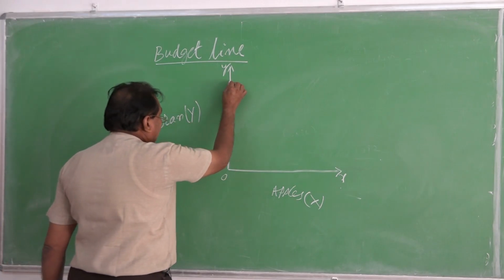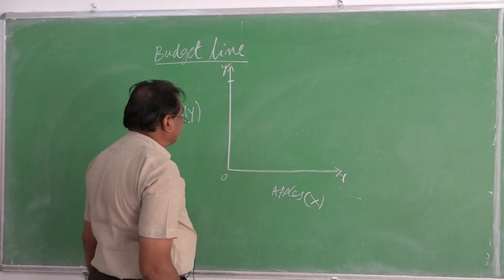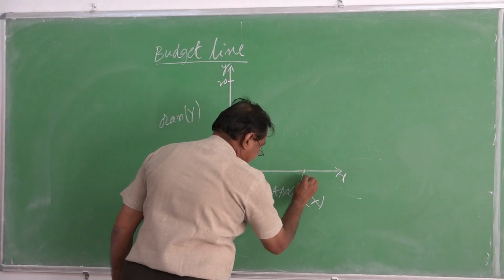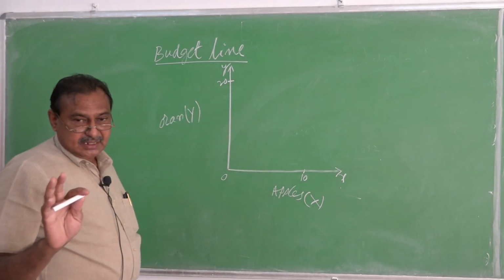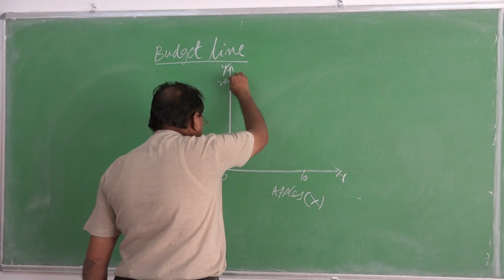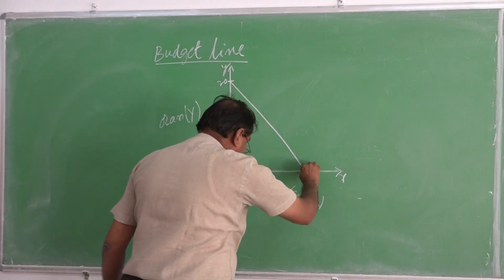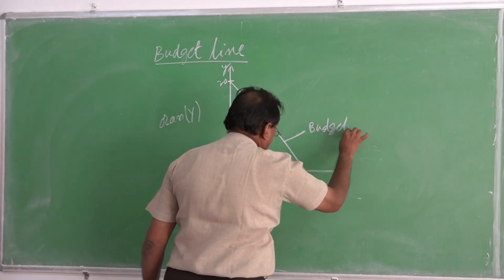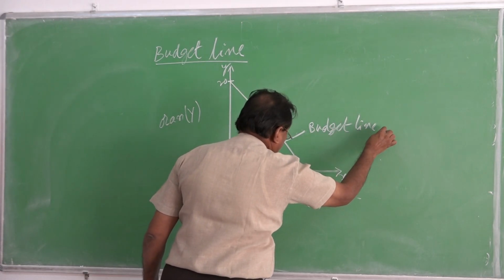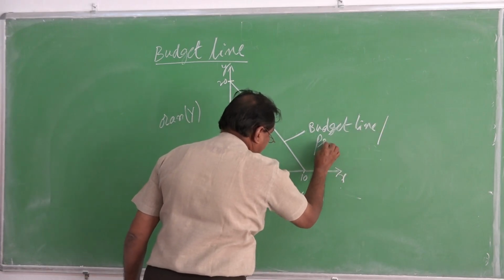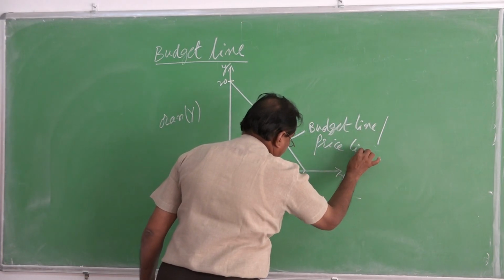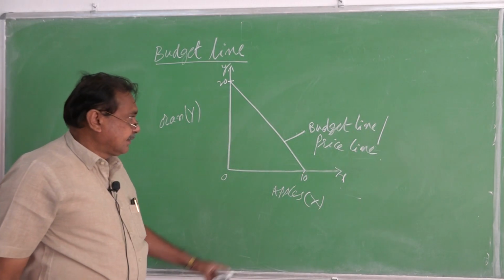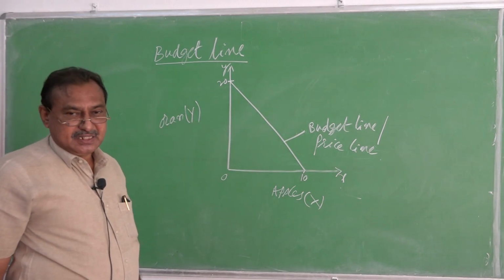So he can purchase 20 oranges and 10 apples as per his 100 rupees income. If you join both, this is called the budget line, or this is also called the price line. So don't get confused in the examination. The other name of the budget line is the price line.